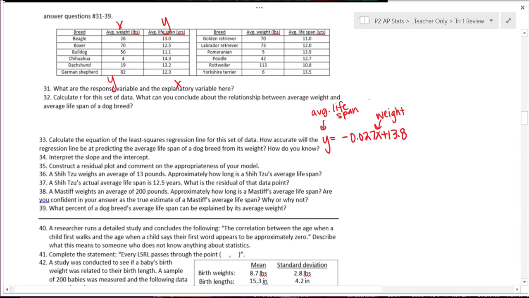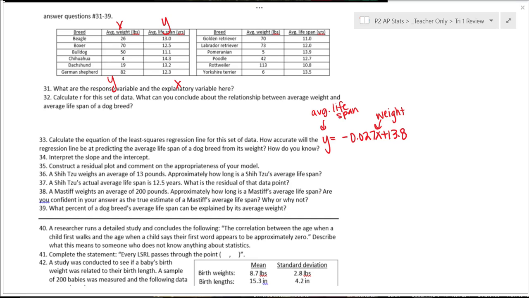Because it's looking right, this is a negative slope, which means that the greater the weight, it's impacting that lifespan in a negative direction.